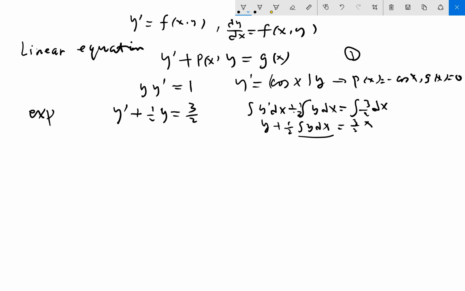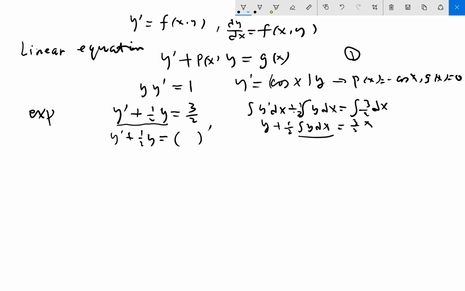Okay. So our goal is like this. We try to write the left-hand side as one term, something prime. Then we can integrate on both sides to solve it. Normally, we are not able to achieve that.